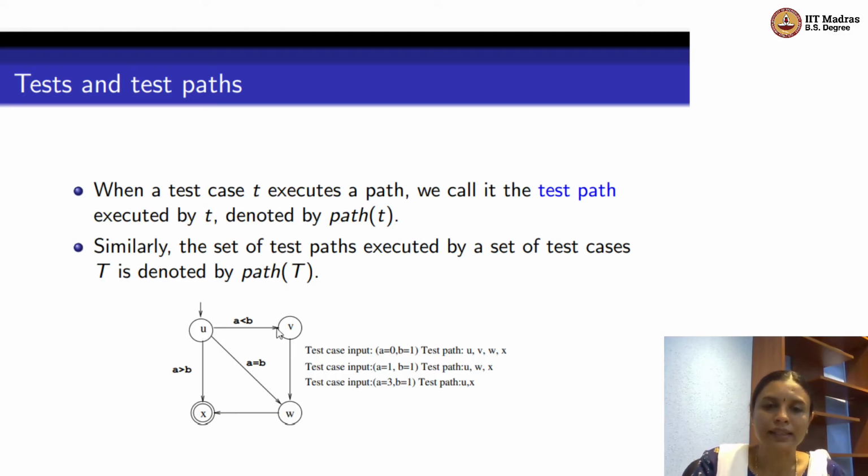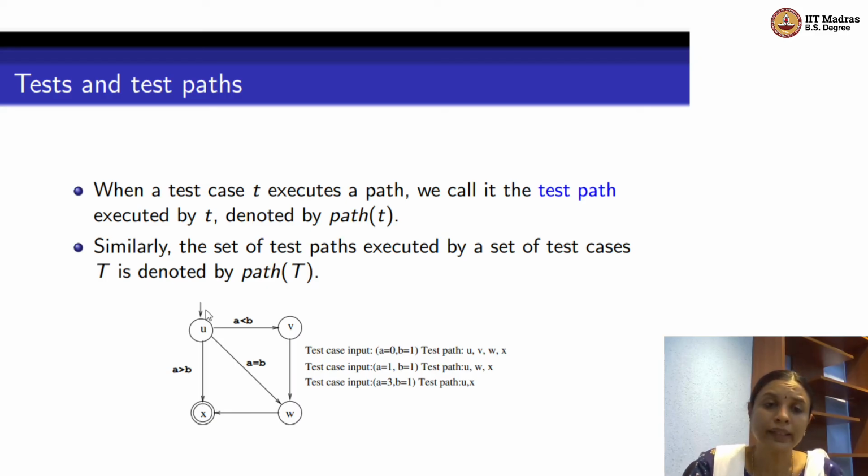U to V is when A is less than B. U to W is when A equals B. U to X is when A is greater than B. So, for example, you could give test case values for A and B. Suppose you give some value where A less than B is true, say A is 0 and B is 1, then it might take the path U, V, W, X. Suppose you give some value where A is equal to B, say both are 1, then it will take the path U to W to X.